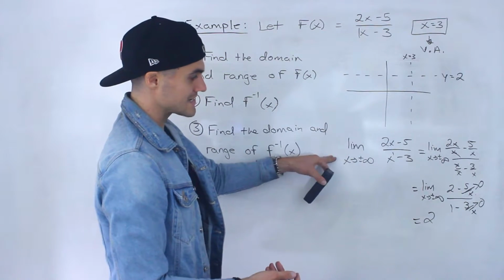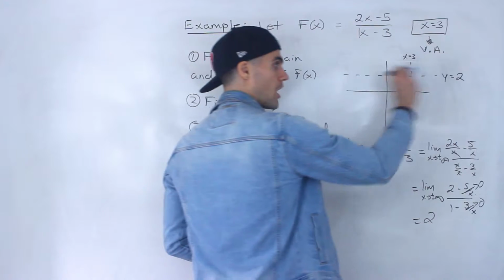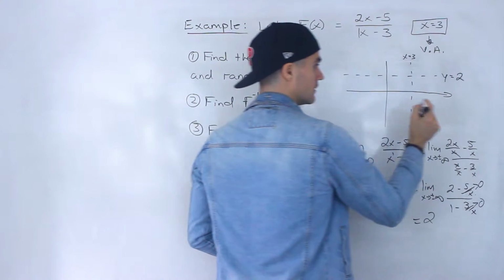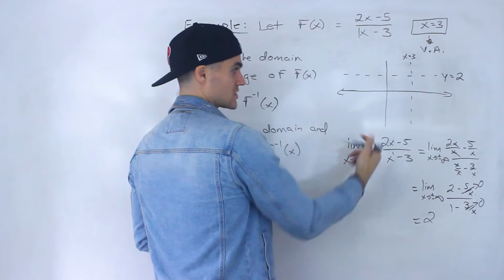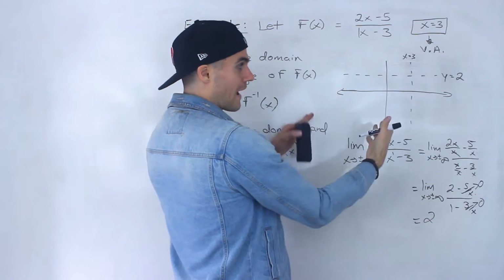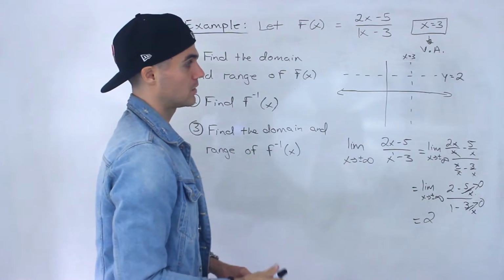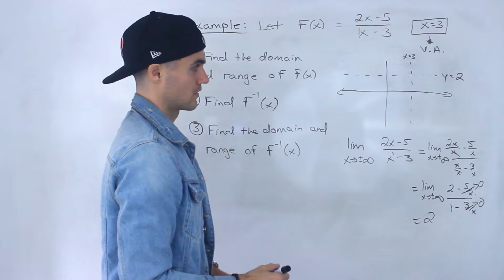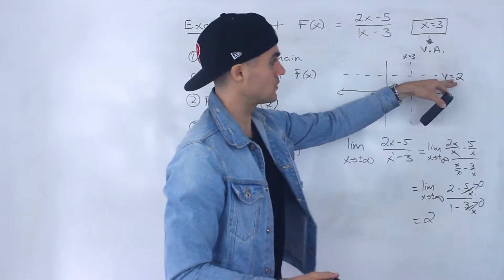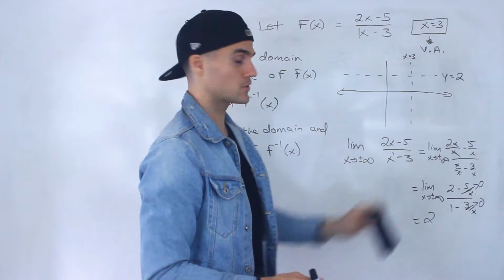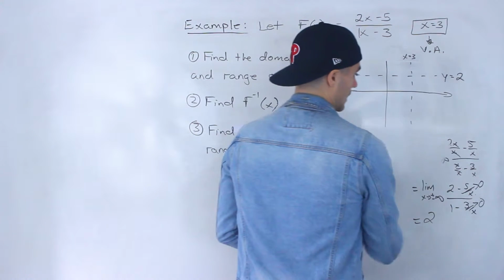What that means is that as x approaches positive infinity or negative infinity, the y values of this function approach 2. So there's a horizontal asymptote at y equals 2, and a vertical asymptote at x equals 3.